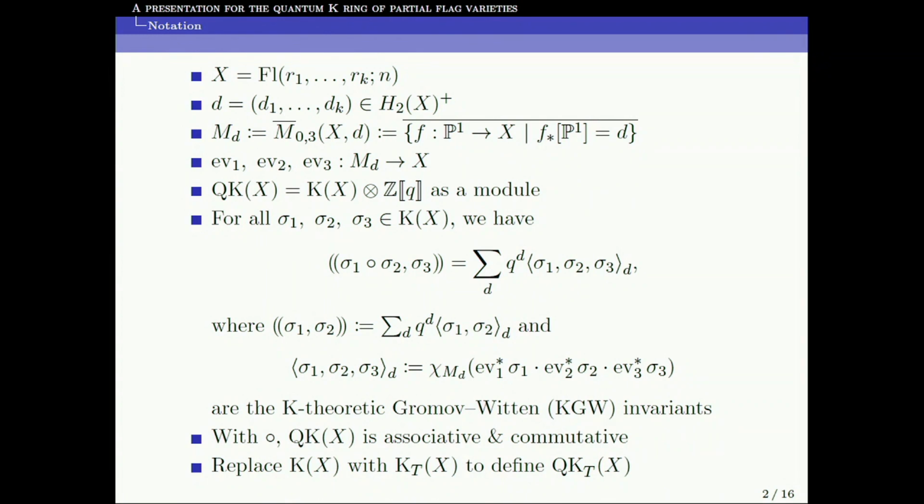And there is a filtration on the quantum K ring, and the associated graded gives us quantum cohomology. There is also a T-equivariant version, which I will not go too much into.